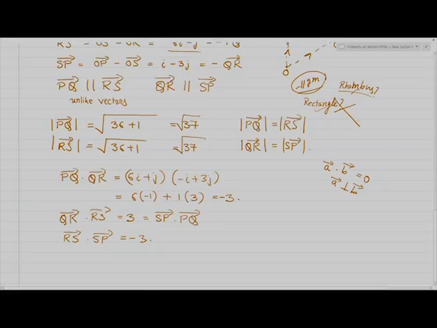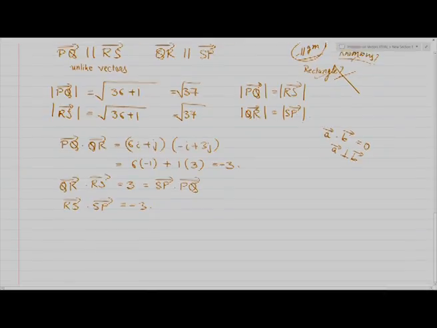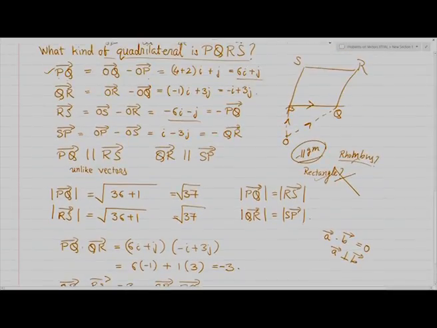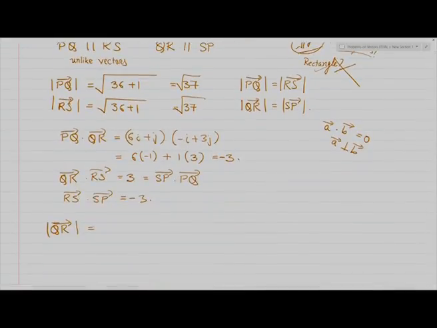Then PQ and RS are the same, QR and SP are the same, but let us evaluate one, let us say mod QR bar we will evaluate. So, what will it be? Let us see, minus i plus 3j. So, it will be 1 plus 9 under root, which is equal to root 10, and this is not equal to root 37, which is mod of PQ bar. Therefore, all the sides are not equal.